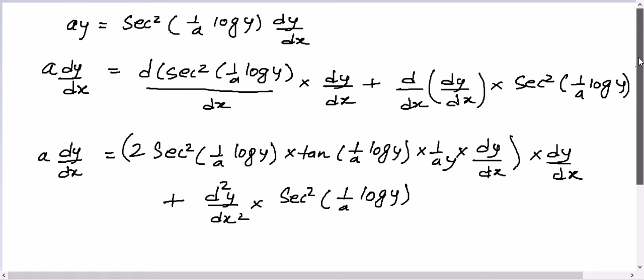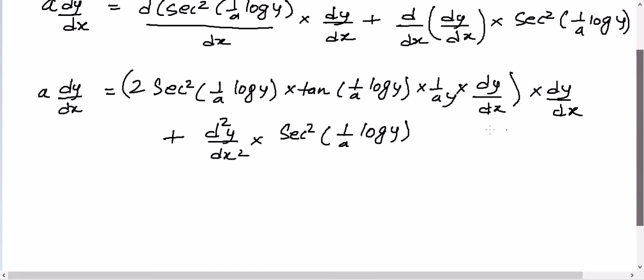So guys, as you can see here, this term ay is sec square of 1 by a log y, right? So we'll be putting it in this step and this one. So let me rearrange it and then we'll explain it further, okay? So it is ay on the left, a dy by dx, and I'm just rearranging the steps, guys. One sec.